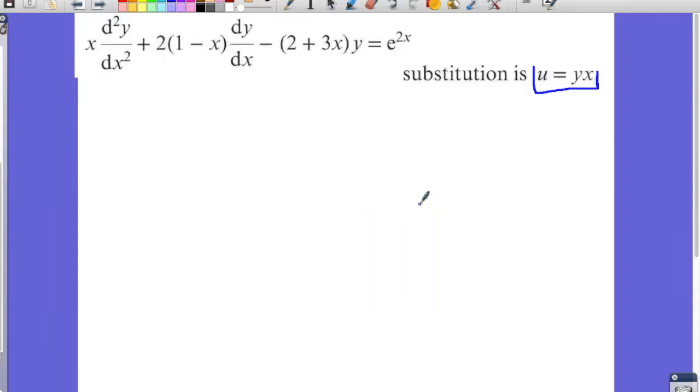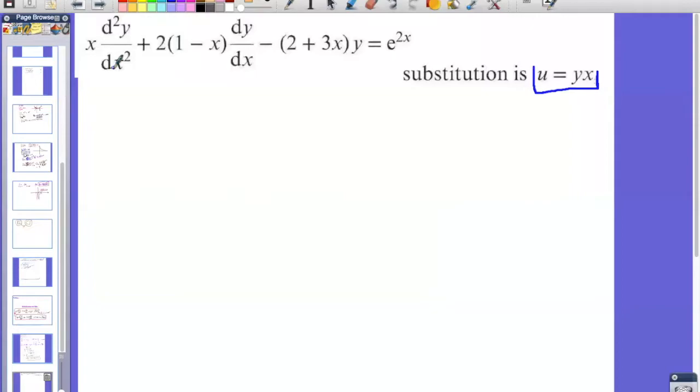And then they will say, hence, solve the differential equation. So the first part will always tell you to use this substitution to show that you can change this differential equation into another form. You'll be given the form, so you have to do that carefully since it says show that.